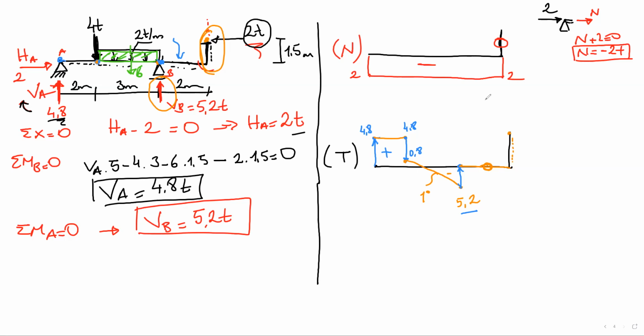Cut the system from this edge, a little bit below this point. So I need to put here the positive direction of the unknown. Remember our sign convention. It was like this.